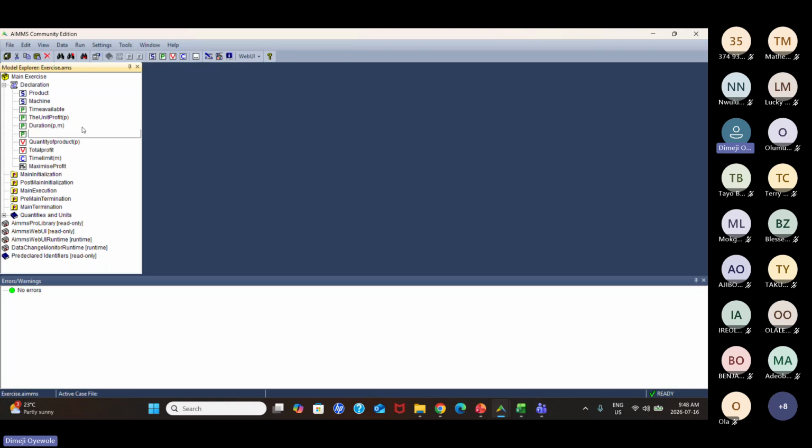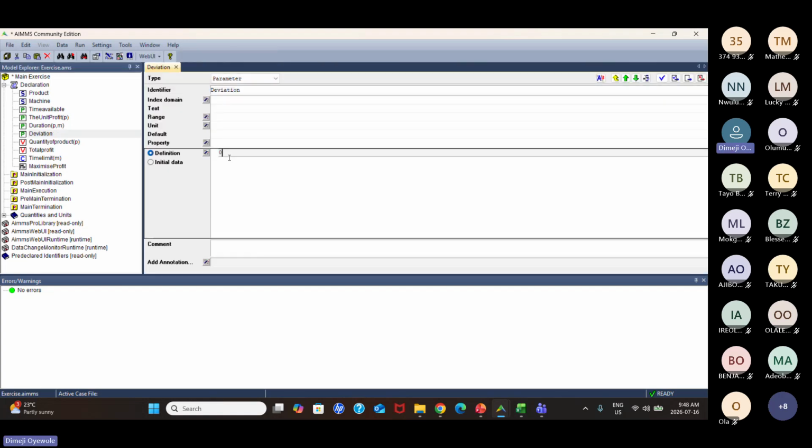We set the deviation. Don't forget when I was converting the constraints to include the uncertainty, I did something when I was writing the equation the other time. You should not forget. So we include that there. So I introduced two things, parameter and then the uncertainty factor. The deviation, which I said is from the question, is 0.1.